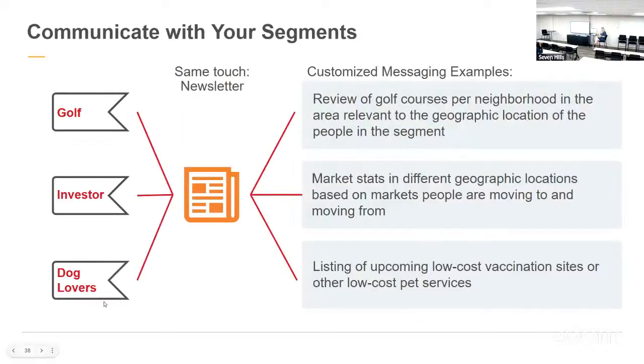So communicate with your segments. The messaging to segments should be relevant to likes, dislikes, interests, or based on past interactions with you. Even though the words and topics of your messaging will change, there are some things that will remain consistent no matter what segment you're communicating with.